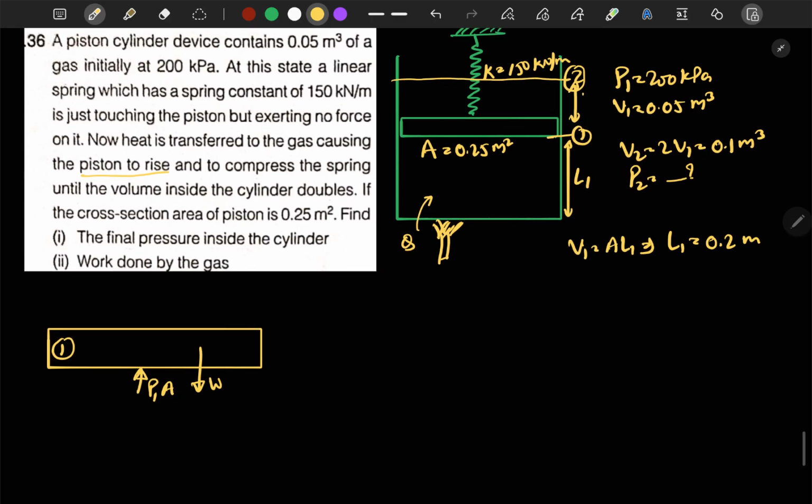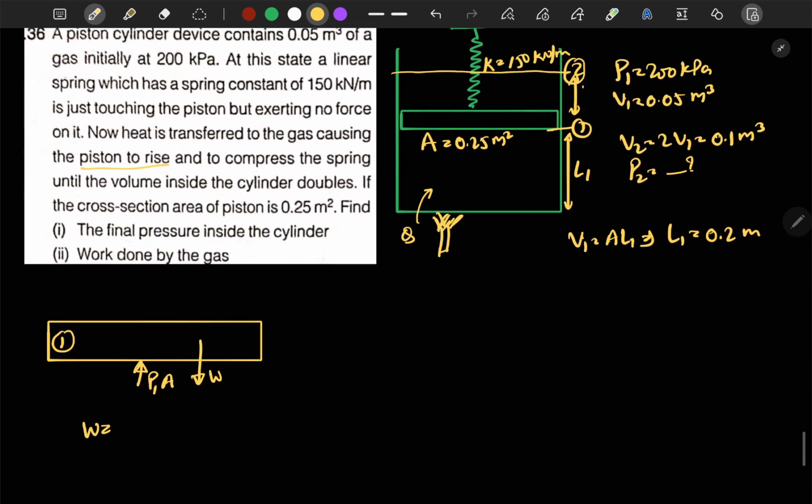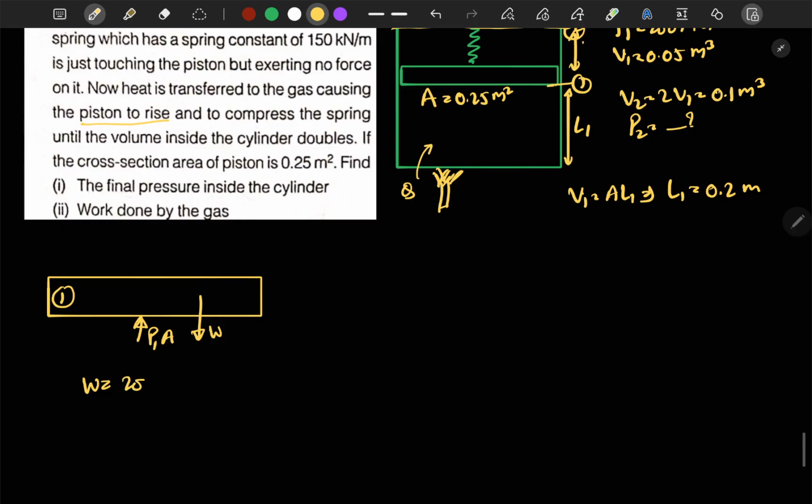So from here we can find the weight of the piston is equal to P1, the initial pressure which has the value of 200 kilopascal, into area 0.25. So 0.25 into 200 kilopascal is equal to 50 Newton. So a 50 Newton weight is acting on the piston.